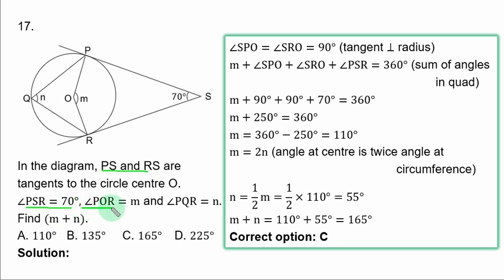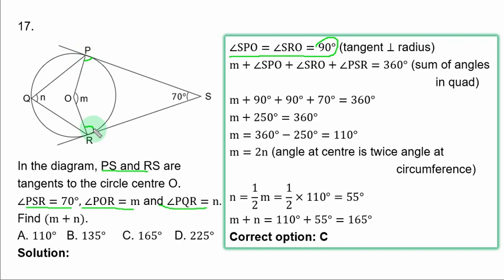Angle POR is equal to M. Angle PQR is equal to N. Find M plus N. Now, anytime a tangent intersects with a radius, the angle formed is 90 degrees. For that reason, angle SPO is equal to angle SRO, equal to 90 degrees. That is this angle and this angle.